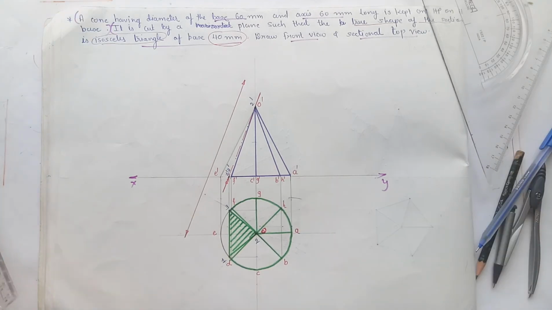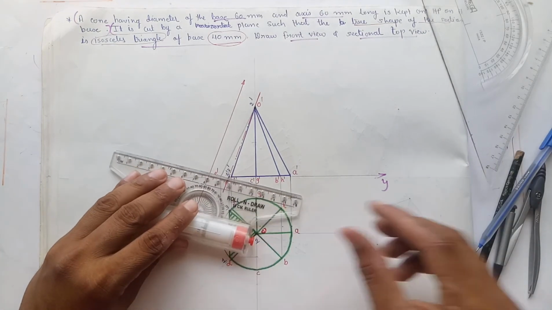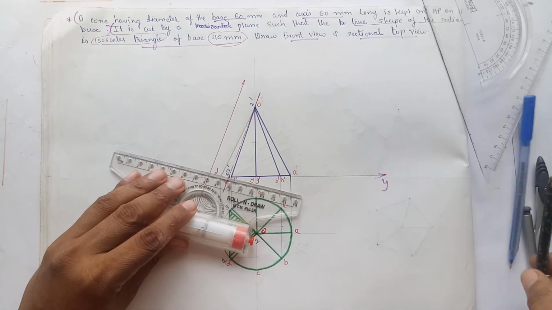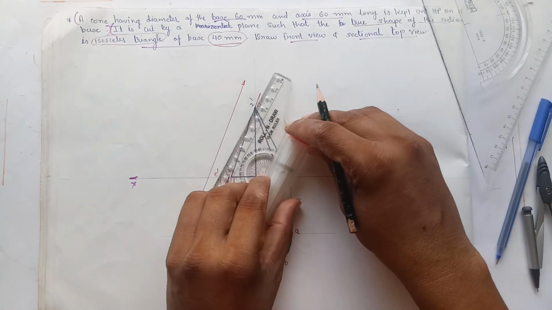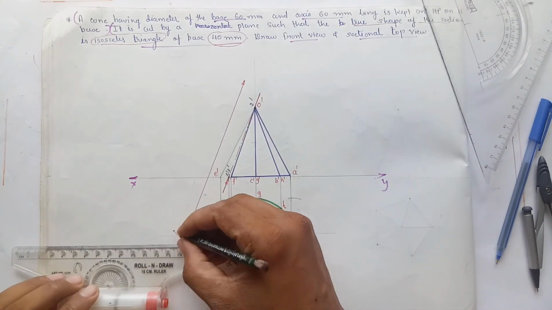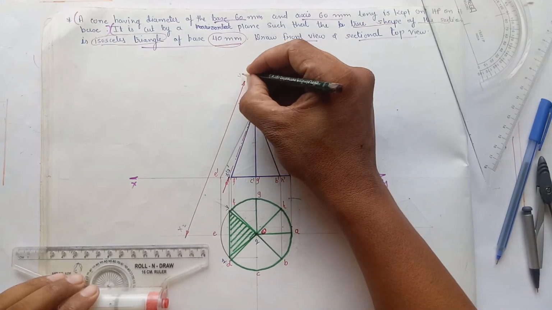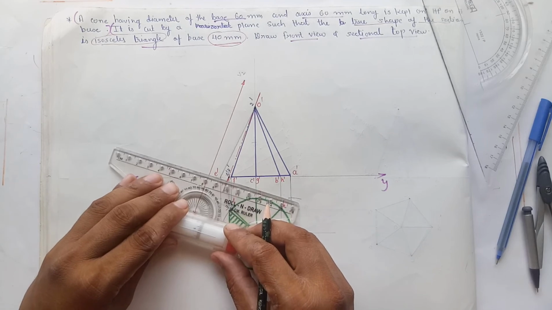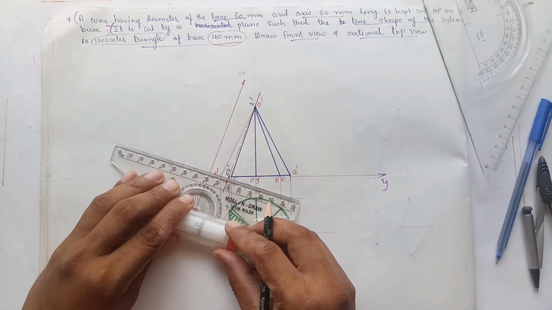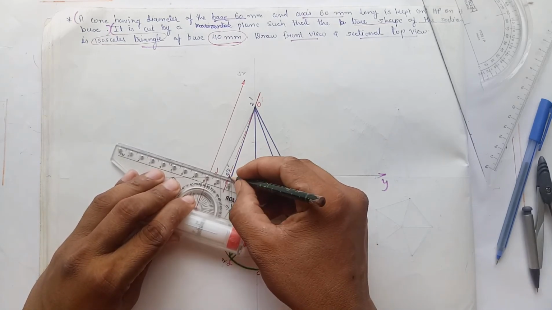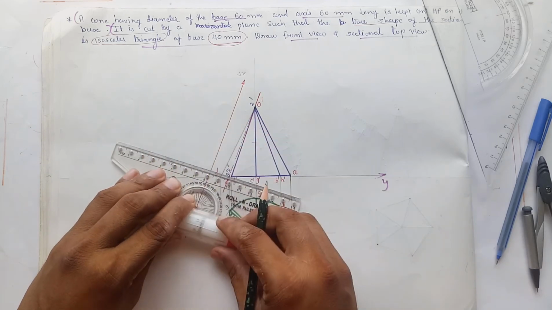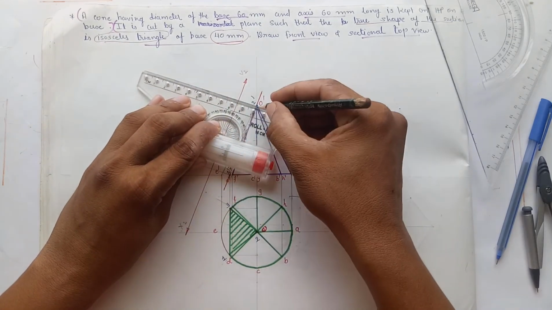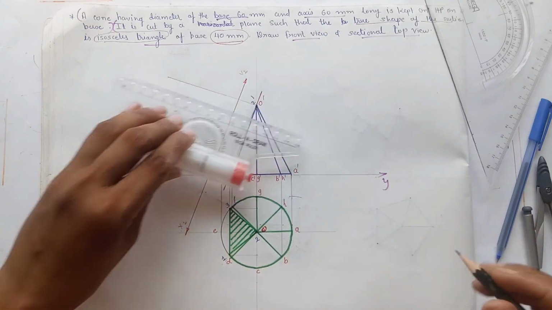Now to draw the true shape of the section, first of all we have to draw a line parallel to the cutting plane, which is our x2 y2 line. Now take perpendicular projections from 1, 3 and 2.